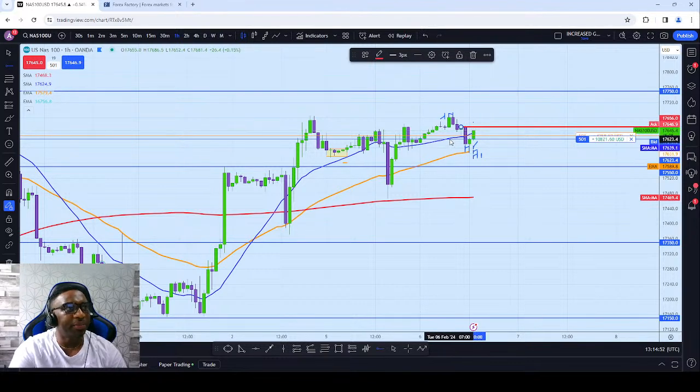But we will take it step by step. If it gets to this high, there's a high chance of it pulling back before pushing up.